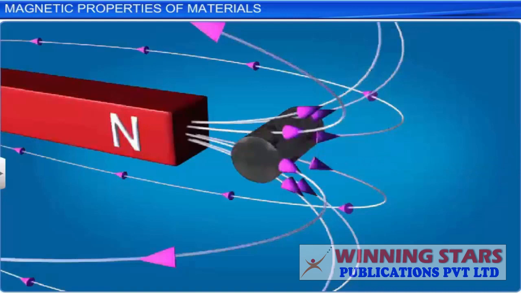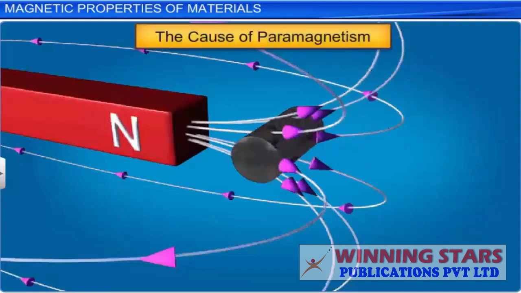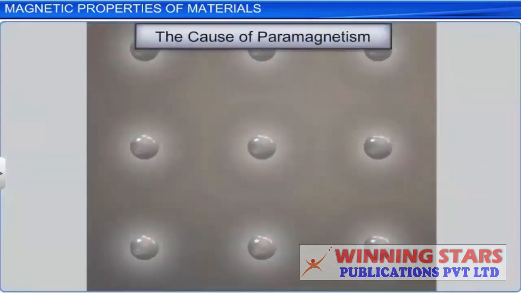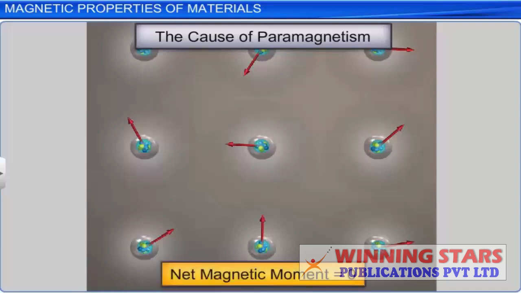Now let us discuss the causes of paramagnetism. In case of paramagnetic material, individual atoms possess a permanent magnetic dipole moment due to the orbiting electrons in the atom. But, due to random thermal motion of the atoms, the net magnetic moment of the material is zero.